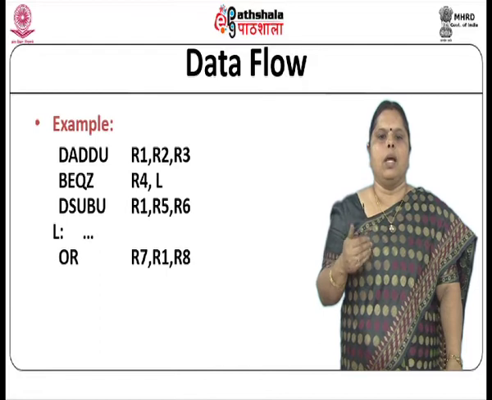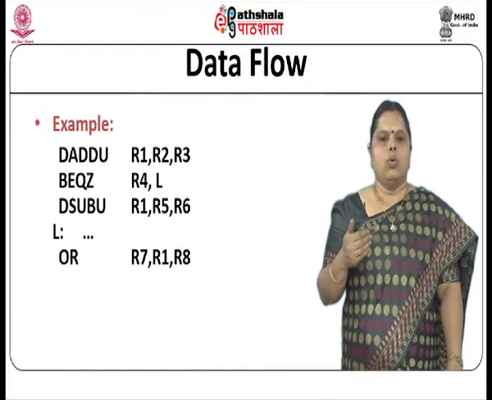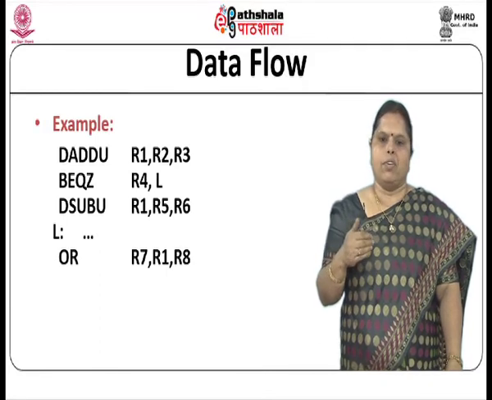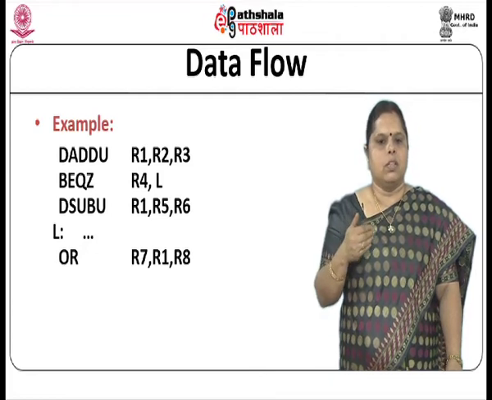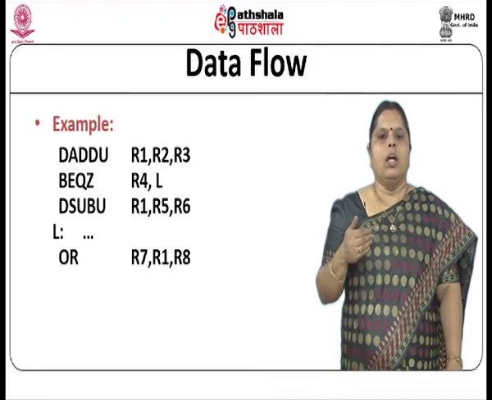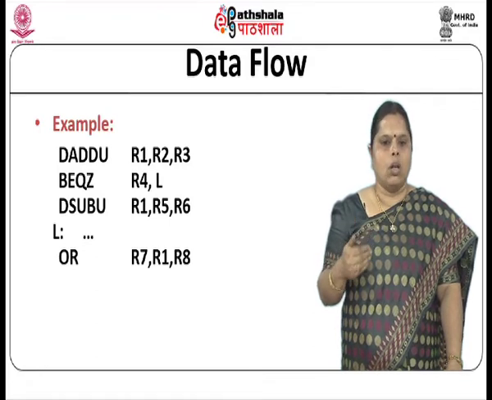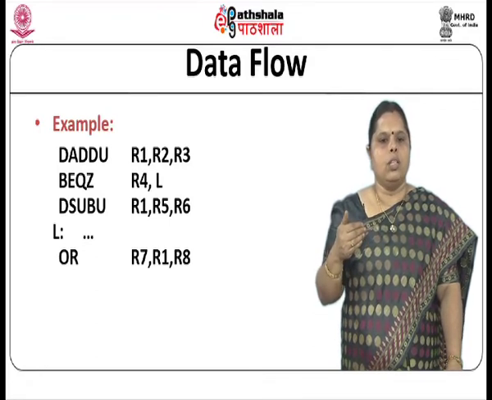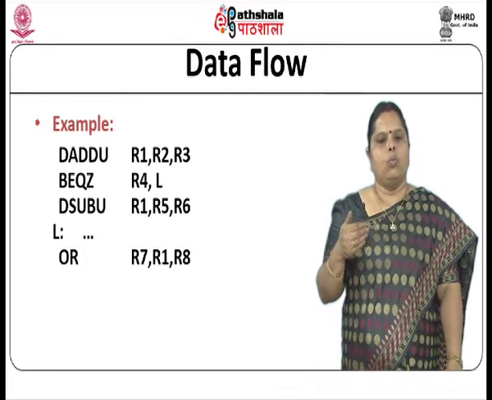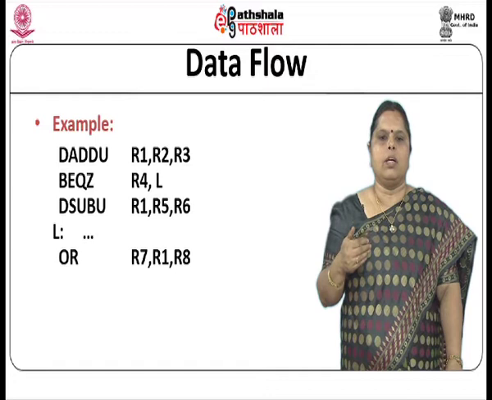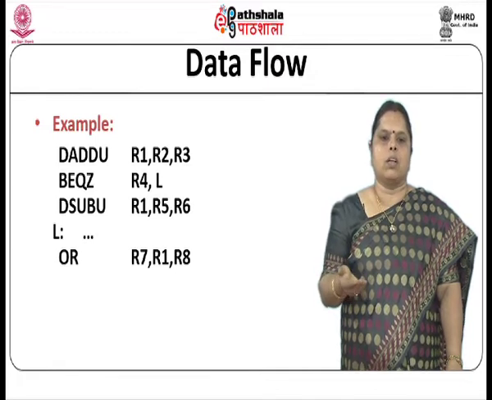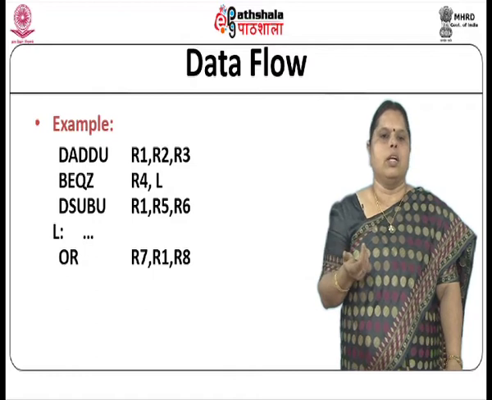Say, for example, I have an example here. You have a DADD instruction which modifies R1, and you have a SUB instruction which modifies the register R1. Now, when you execute an OR instruction, you are using the value of R1. Whether this OR instruction will use the data generated by your ADD instruction or the data of your SUB instruction depends upon the branch getting executed.